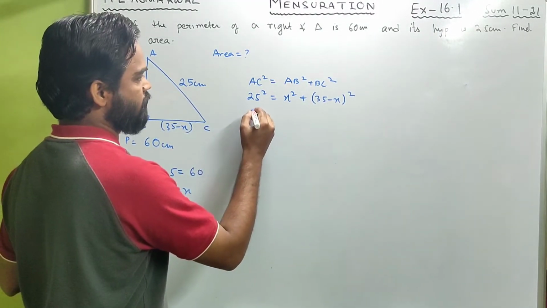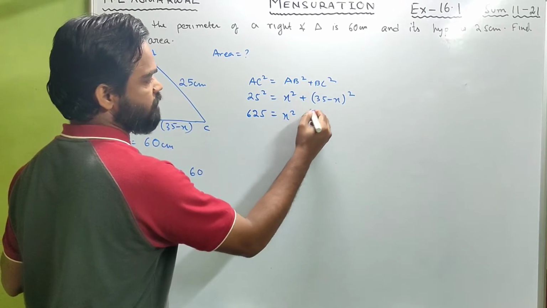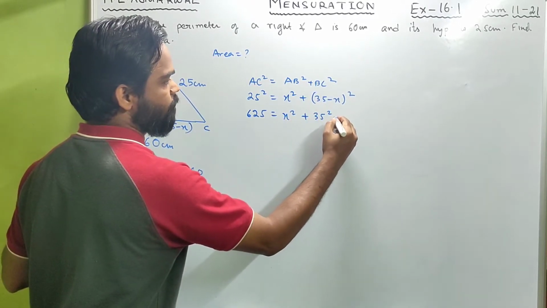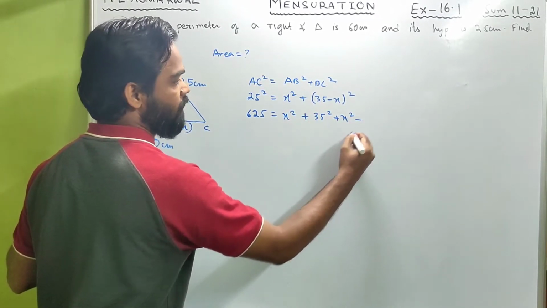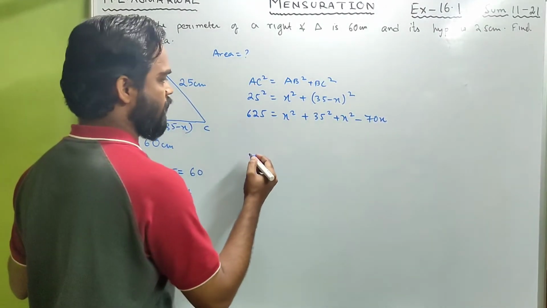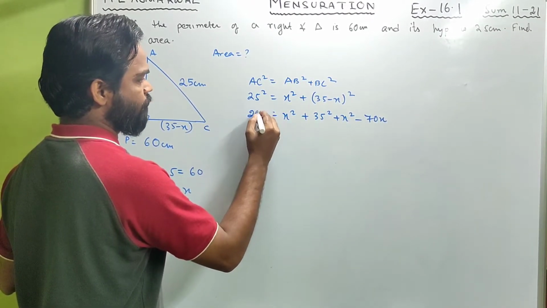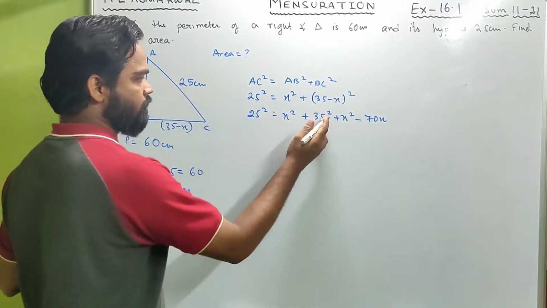So 625 is equal to x square plus, using a square plus b square minus twice ab, let's keep it as 25 square. That will be helpful. How? I'll bring it on this side.